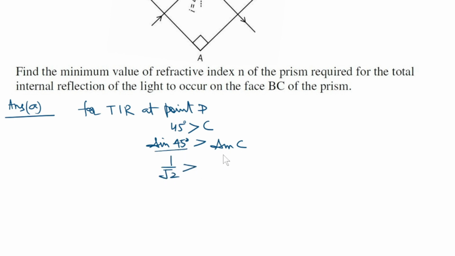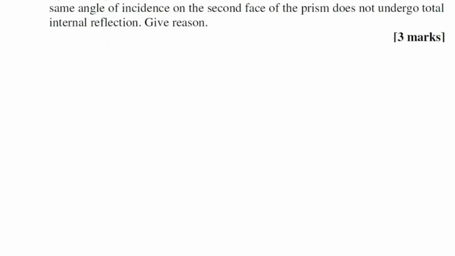This should be greater than sine C, which by definition is 1 by mu, and this implies that mu should be greater than root 2. So the minimum value of the refractive index should be equal to root 2.